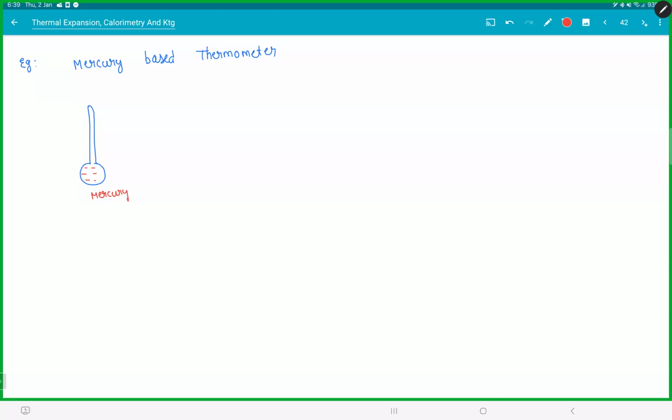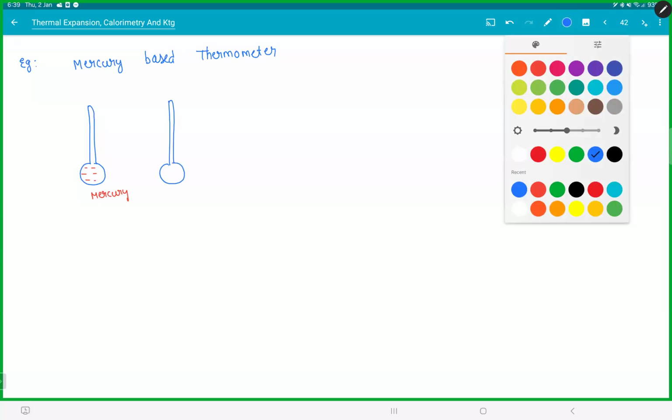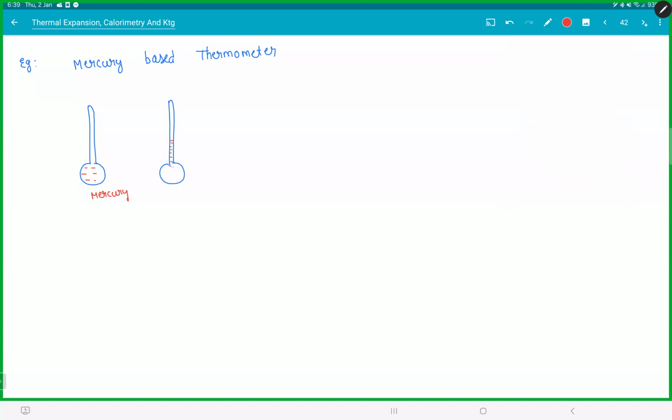When you increase the temperature, the liquid expands, and when the liquid expands, it pushes through the stem. This is called the bulb and that is called the stem. So this change in height is proportional to temperature again. Here this h will be proportional to delta T. What you actually see is the mercury column length, and that's how you relate that to temperature.